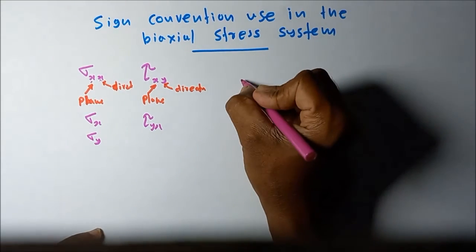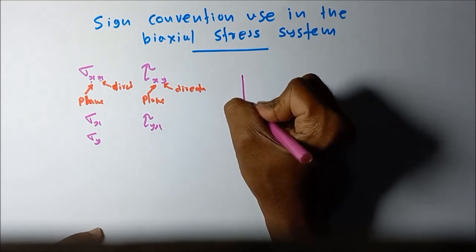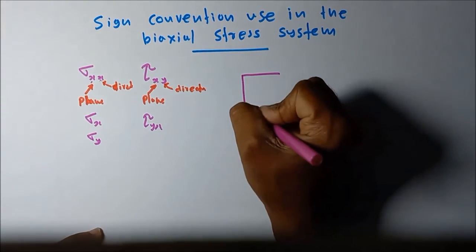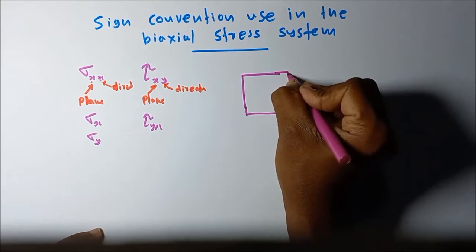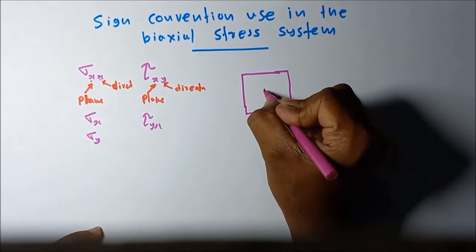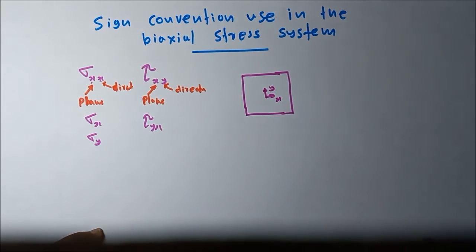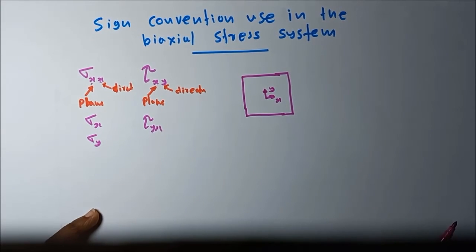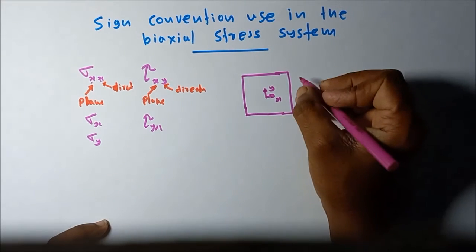Okay, then let's take the two-dimensional stress element in a biaxial stress system. x and y are the coordinate system with reference to the biaxial stress system.